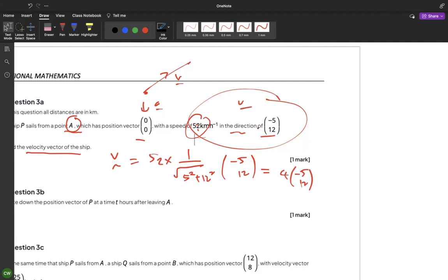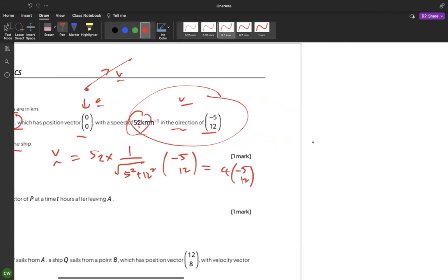So it's going to be minus 20 and 48. Is it correct?